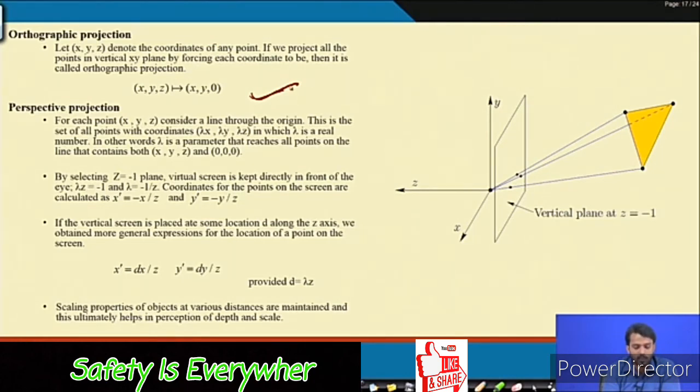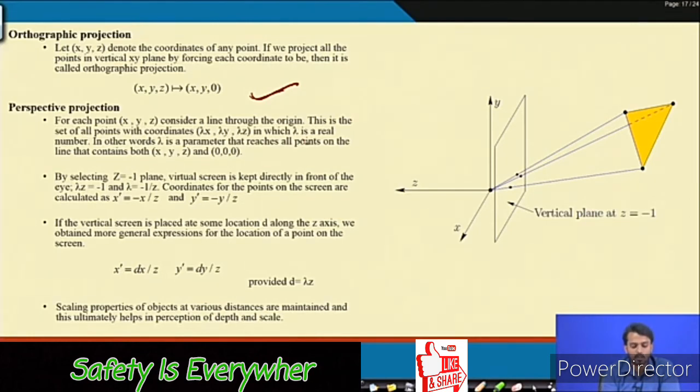Similarly, for the perspective projection, for each point x, y, z, consider a line through the origin. You can look at this figure in which we have considered a line through the origin, in which all coordinates are written as lambda x, lambda y and lambda z, in which lambda is a real number.